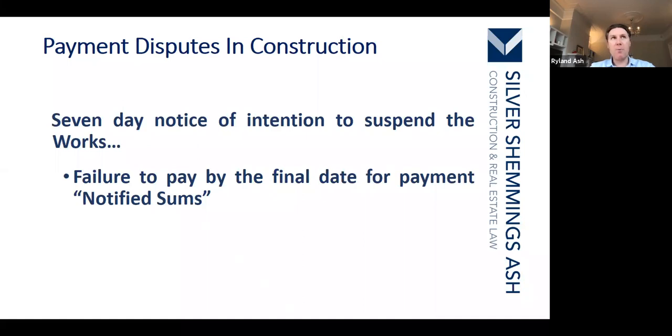And the problem with that was there could be disputes over what was the sum due. So if you claimed an amount, you weren't paid, you sought to suspend, you do suspend, and then you ended up in a dispute over what was the sum due, and it turns out you weren't entitled to all the money you claimed, it could be said that you were in breach of contract for suspending wrongfully, because you had no right to do so.